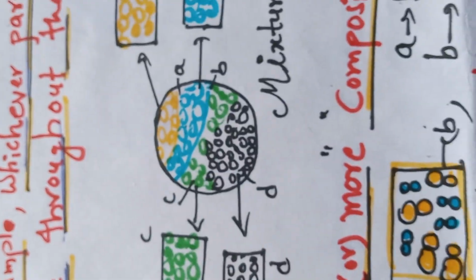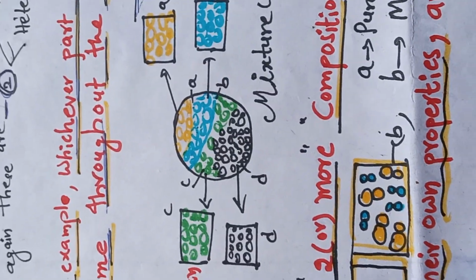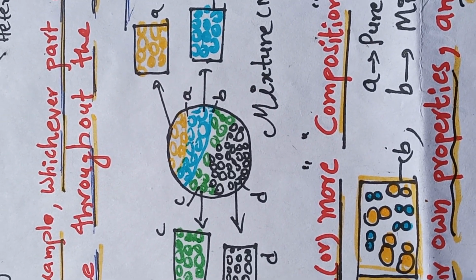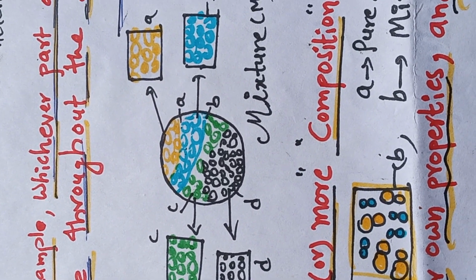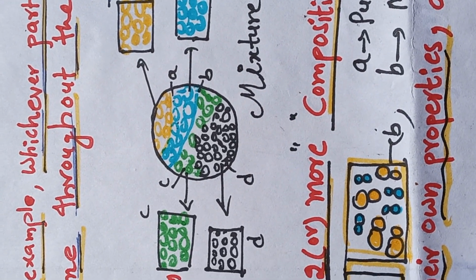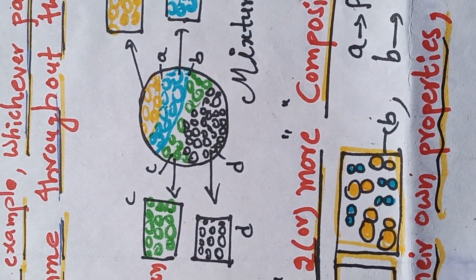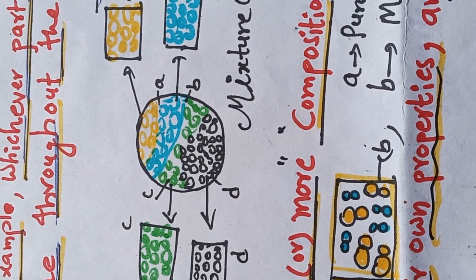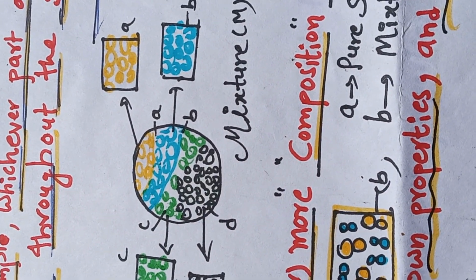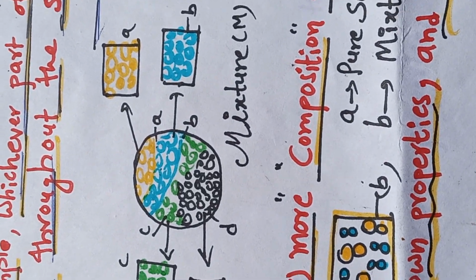If we observe here, this is a mixture. In this mixture we can see so many parts: A part, B part, C part, D part. A part is in yellow color, B part sky blue, C part green, D part black color. So in a mixture, two or more components are there.